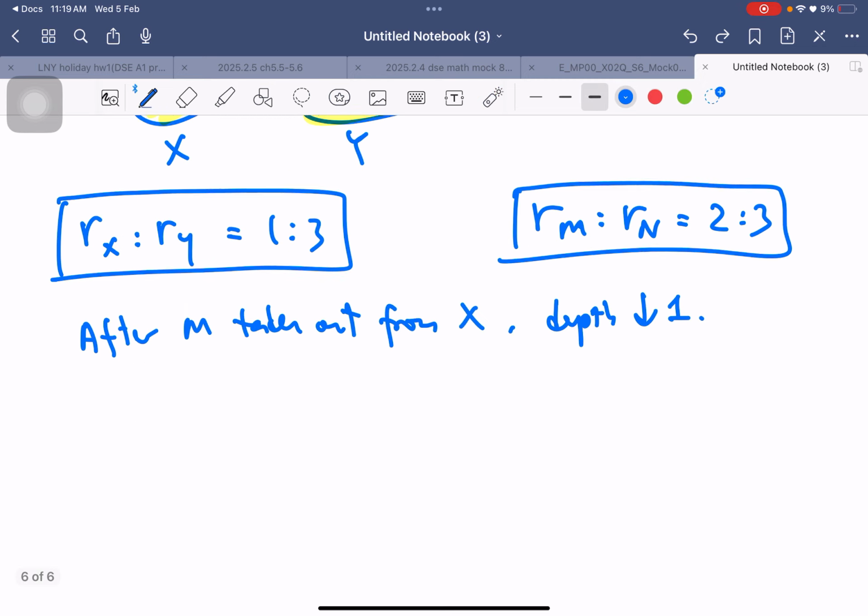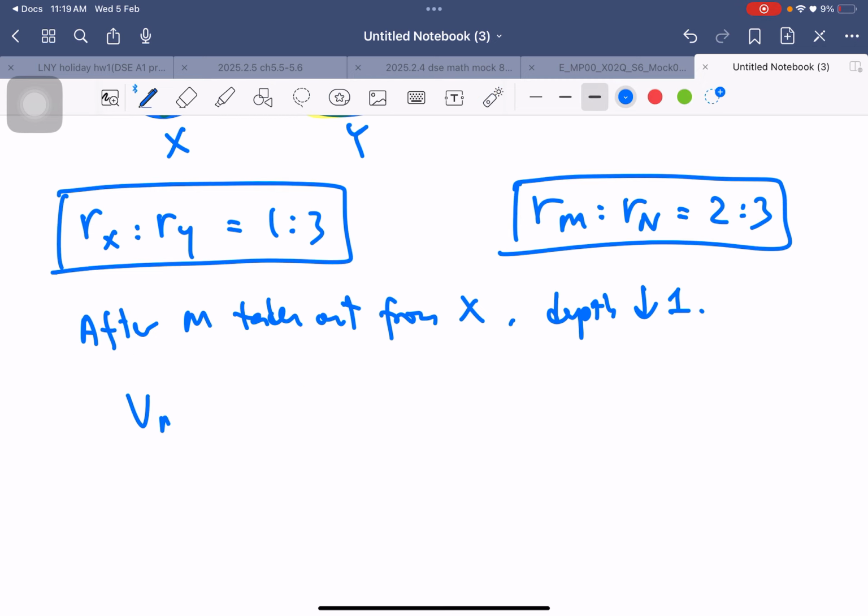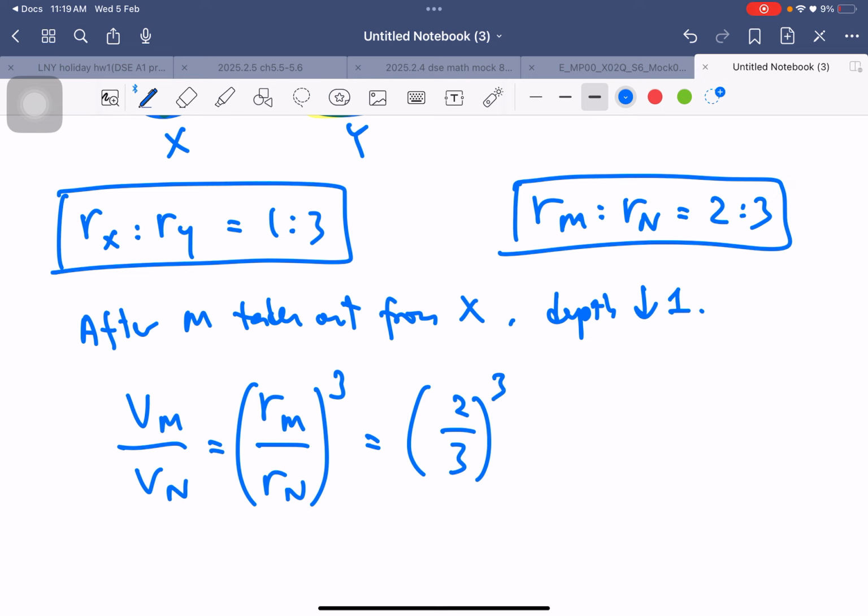So we have the volume of M divided by the volume of N is equal to what? Do you remember, if they are similar, then the volume ratio is equal to 2 over 3 cubed, because it's equal to the radius of M over the radius of N to the power of 3. So it's equal to 8 over 27. Is this step okay?